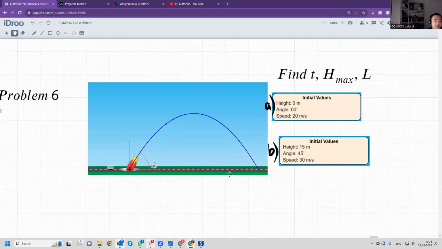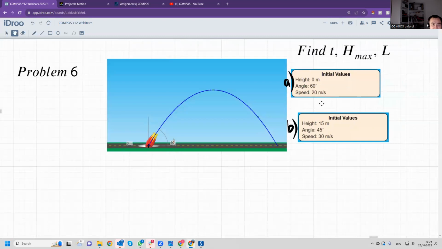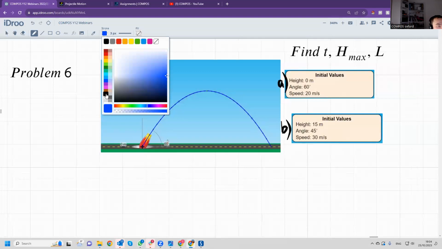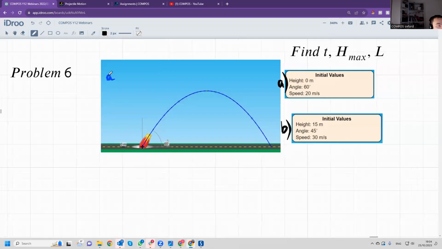Okay, so problem 6: we are shooting from a cannon, from a height of 0 meters at an angle of 60 degrees, and the speed is 20 meters per second. I'm going to show you how easy it is when you're using vectors, because you need to know the acceleration. Acceleration is 0, minus 9.81.